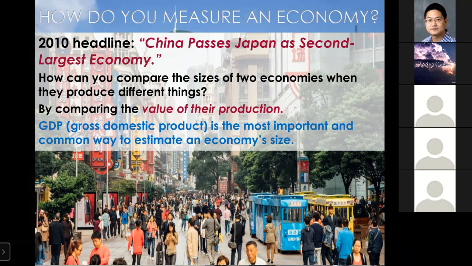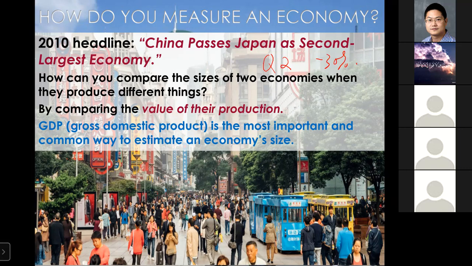That's how we compare China versus Japan. Or another example: if you read the news recently, COVID-19 hit most economies hard. In the United States, in the second quarter, Q2, the economy declined by over 30%. What does that mean? How do we come up with a number of a 30% decline in the second quarter of the United States? That's the main topic of this chapter.